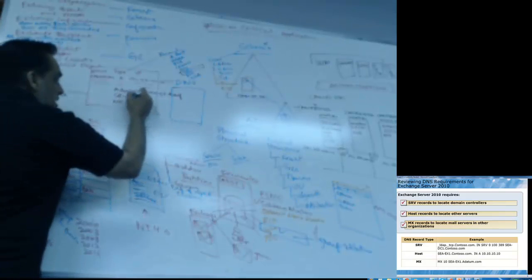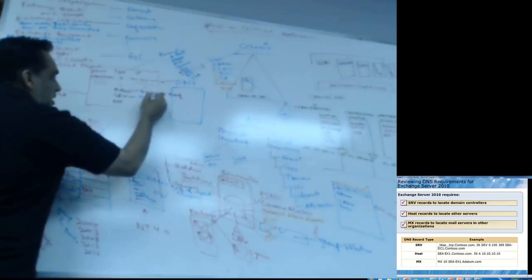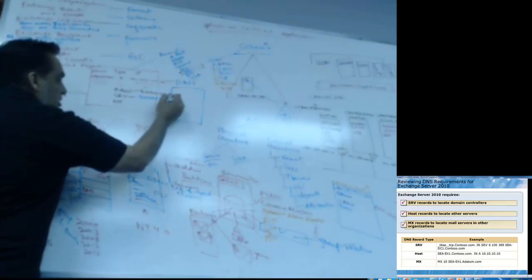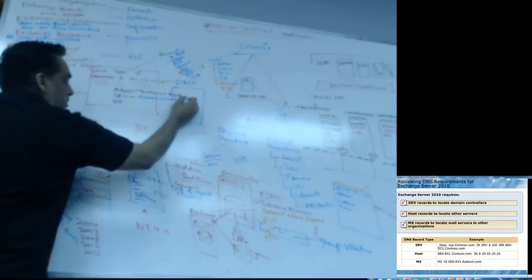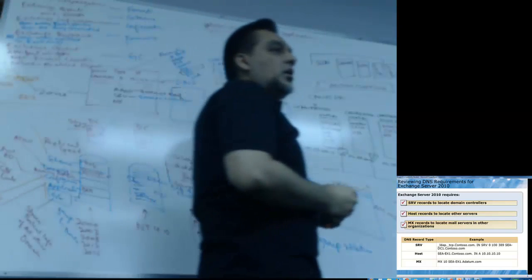Secondly, you have SRV record. Guys, SRV record basically is the domain locator, right? It is for the domain controller. So every time Exchange starts, or every time a user connects to a mailbox, let's look at this.